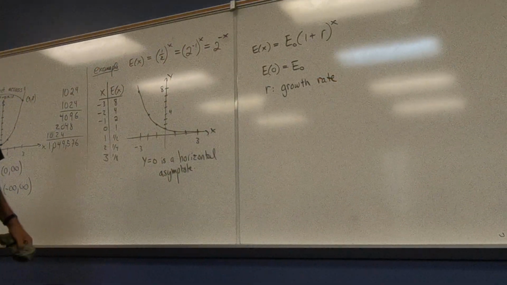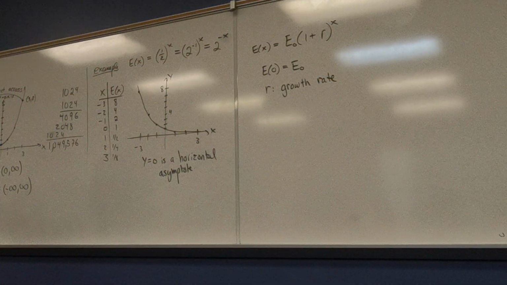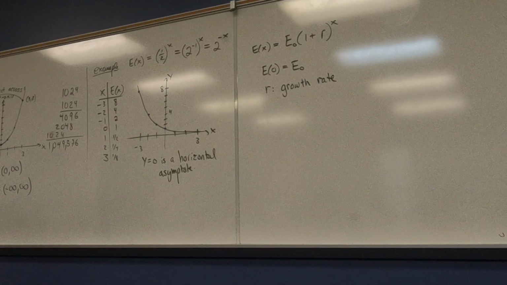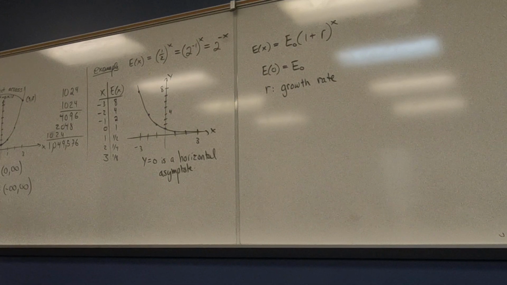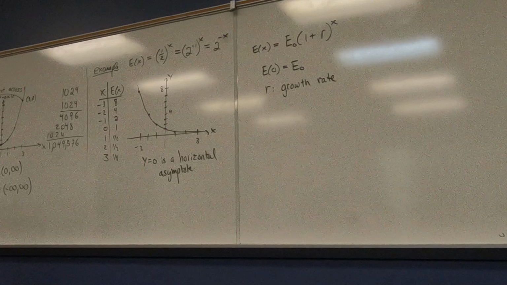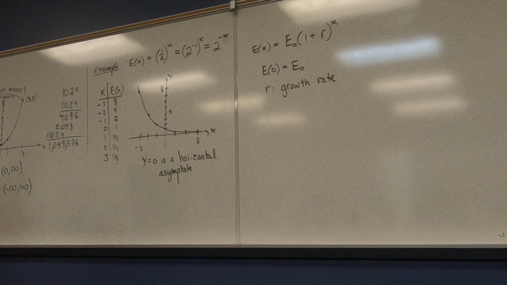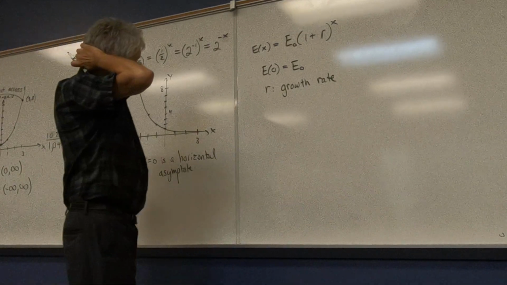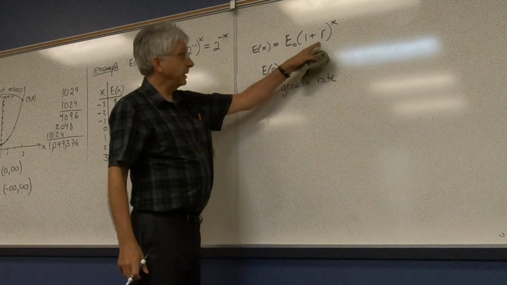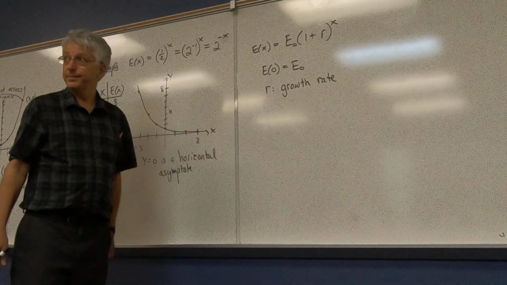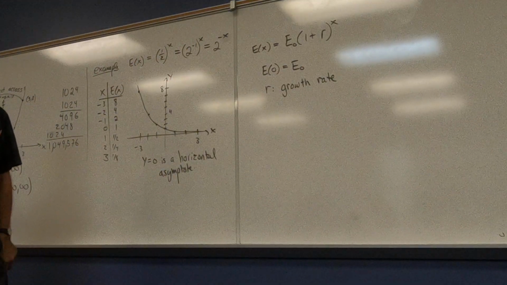The growth rate is related to the growth factor. In fact, 1 plus r is the growth factor. So if you're growing at 1%, then what would r be? 0.01, that's 1%.